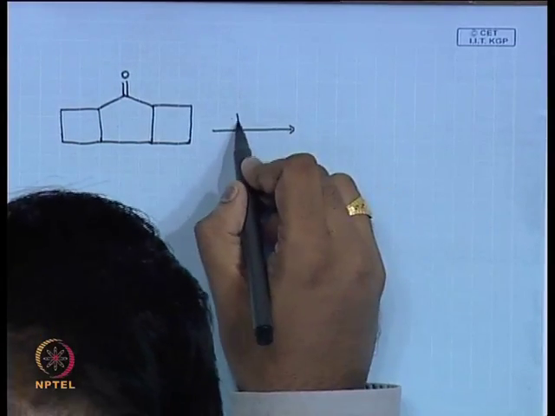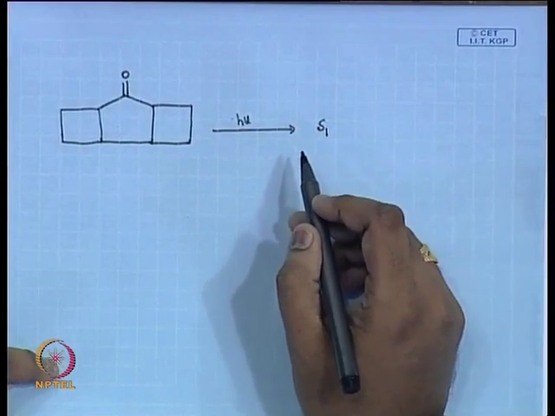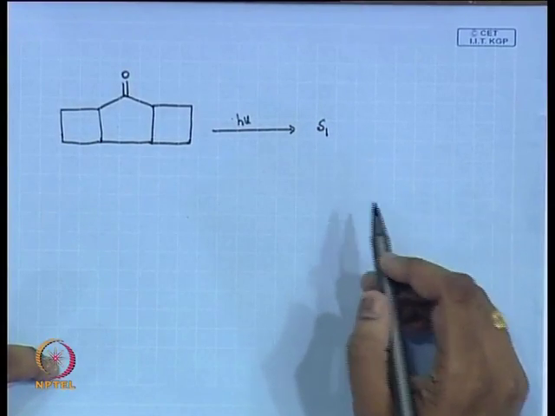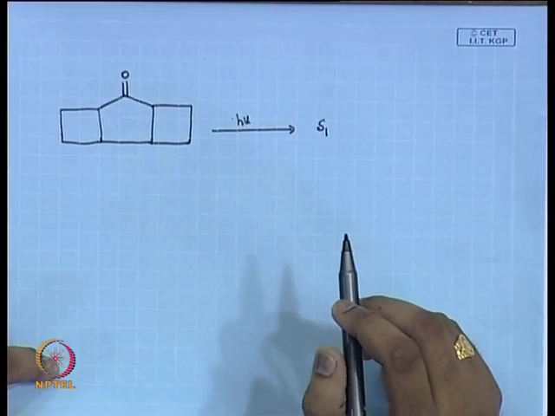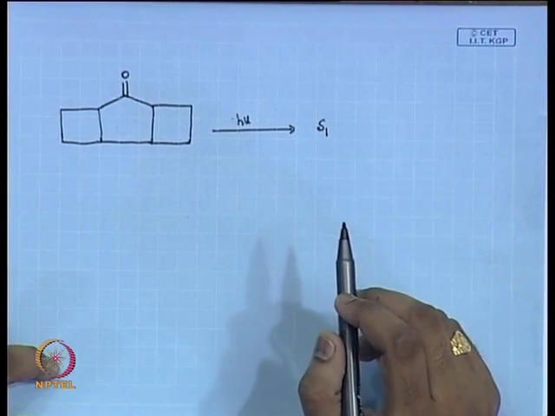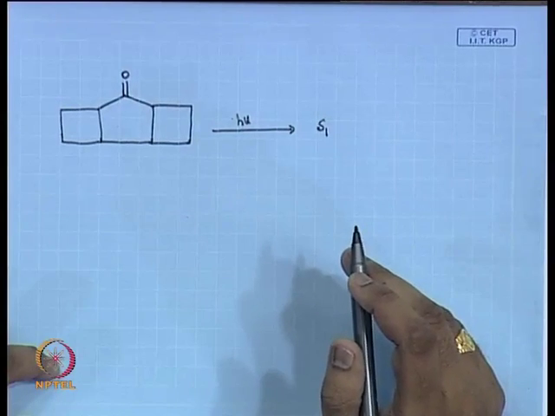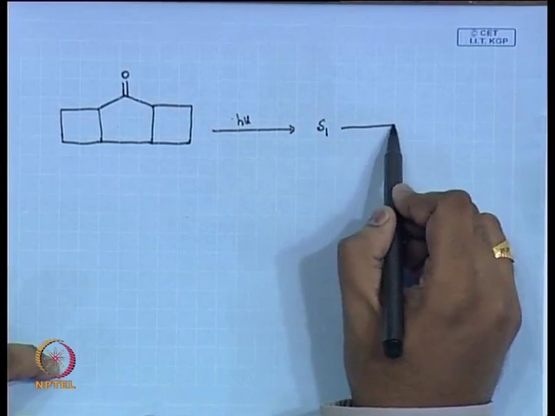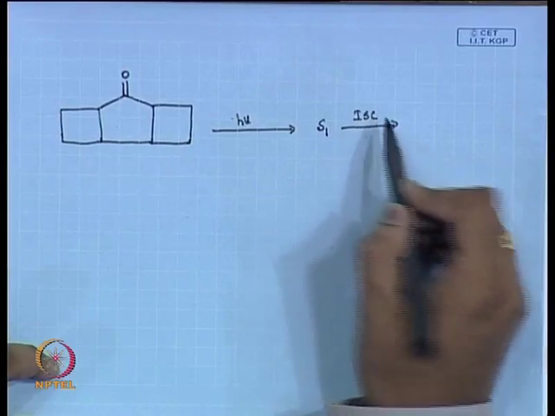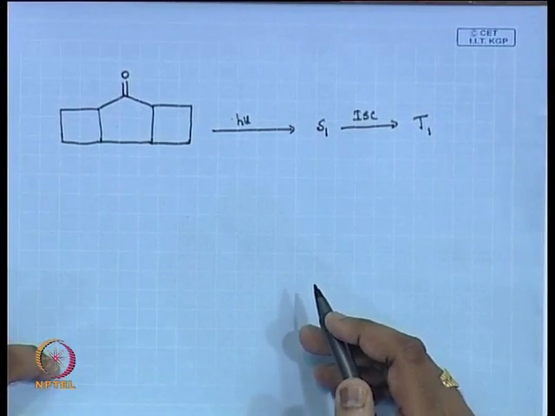Here you know that it goes. See, why I am writing this S1 and T1, because you will be getting bored writing S1 and T1. In some cases the reaction gets stopped at S1 and does its chemistry from S1 itself. You should understand in which cases it stops at S1. Intersystem crossing from S1 to T1 should happen if the energy gaps are very small.